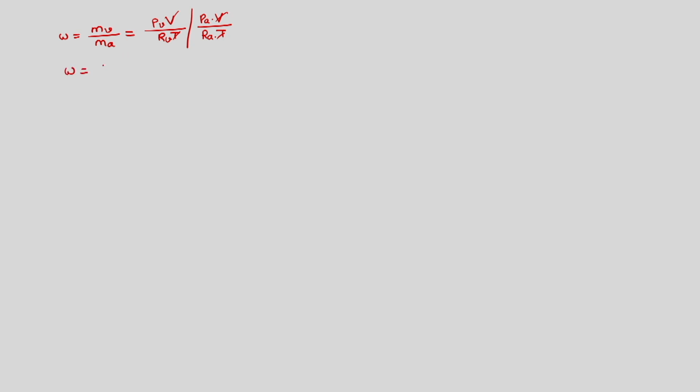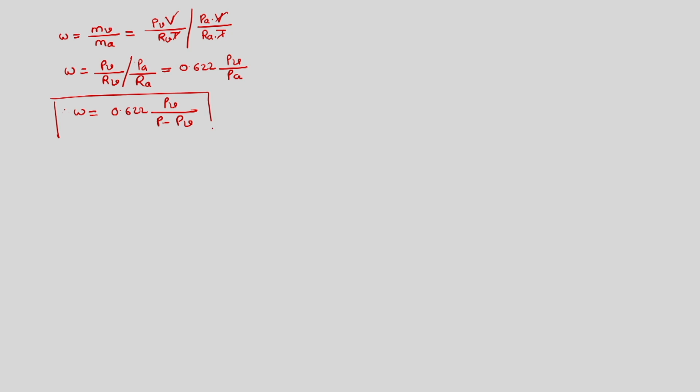So omega is equal to PV upon RV divided by PA upon RA. If we take the standard values of RV and RA, we get 0.622 into PV upon PA, which we can denote as PV upon P minus PV. So this is the expression for specific humidity.